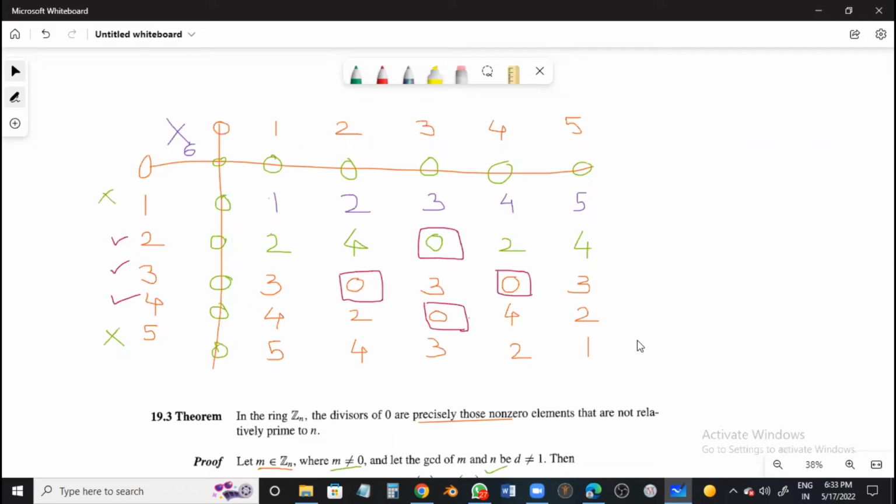Does it have 0 divisors? Are there 0 divisors? Yes, 2, 3, 4, there are 0 divisors. So will it be an integral domain then?